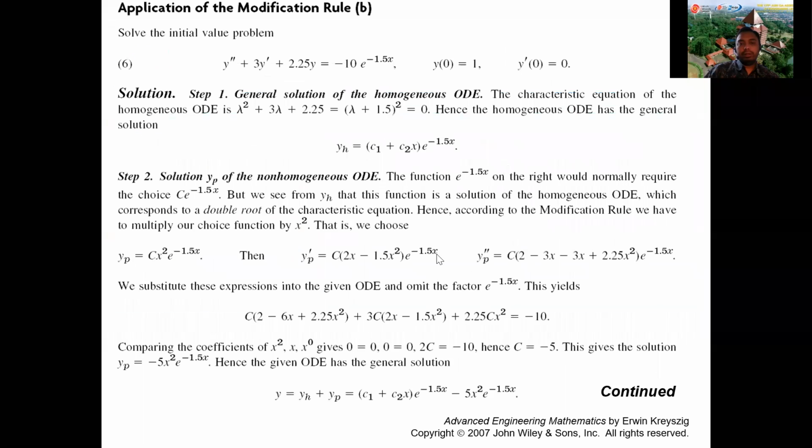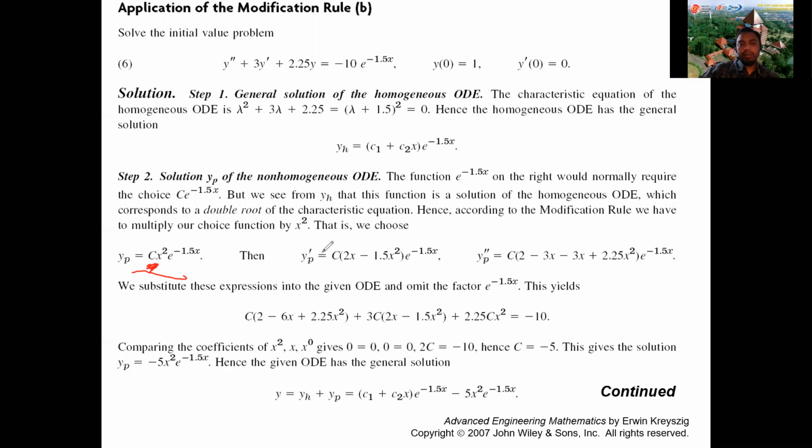Okay, go back to this example. Since we already have the choice of yp, we want to get what c is, because it's a constant that we need to determine first.